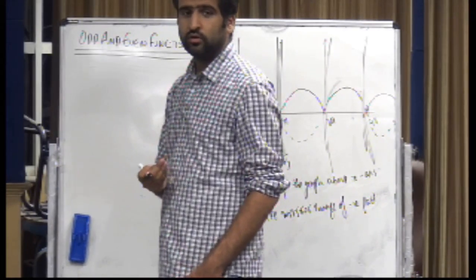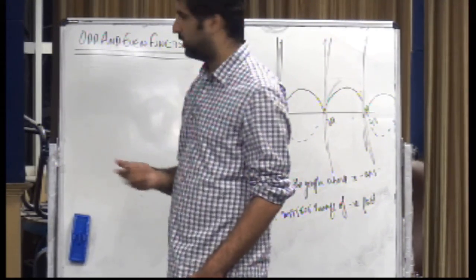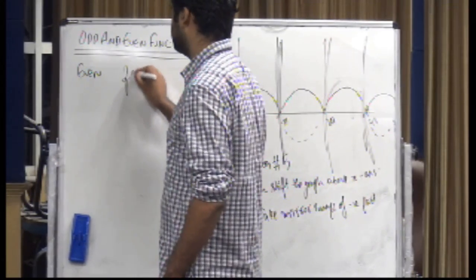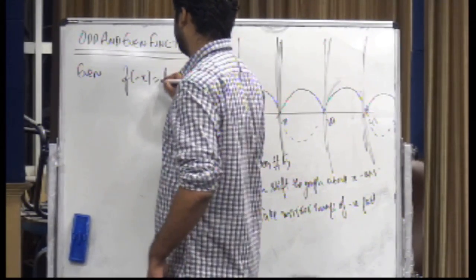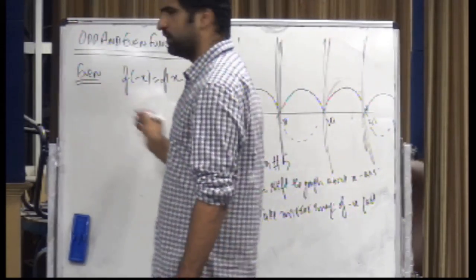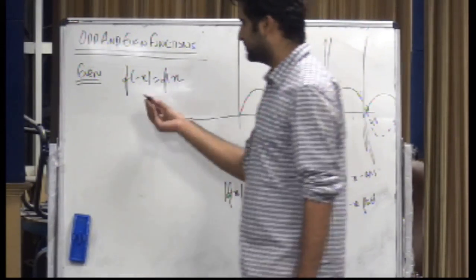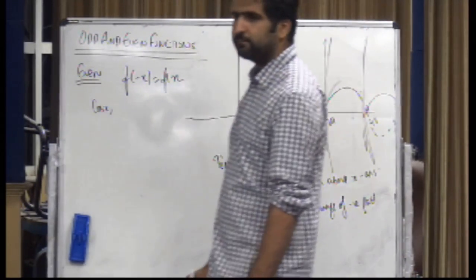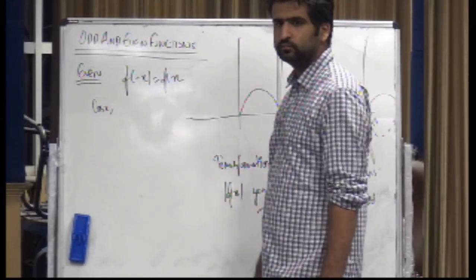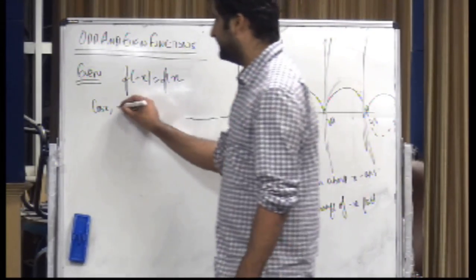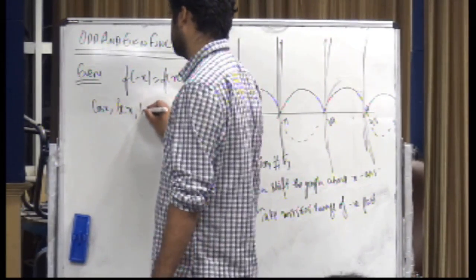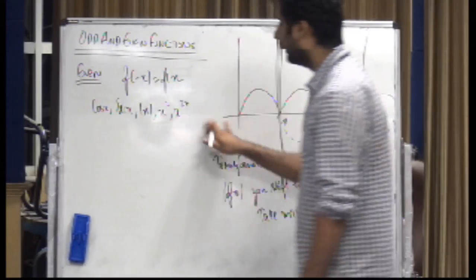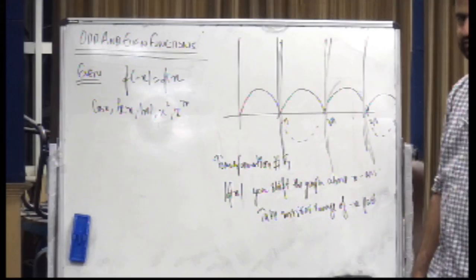Symmetric about the y-axis, that will be an even function. So an even function is a function where f of minus x is equal to f of x. That makes no difference in case of even functions. For example, cos x. Any other example? Yeah, secant x, mod x, x square, x to the power 2n, all the even powers of x, right?